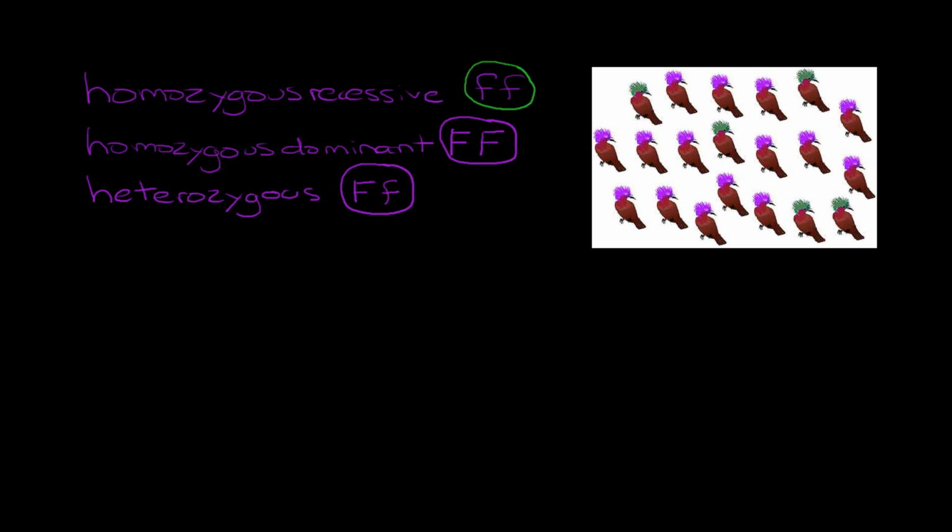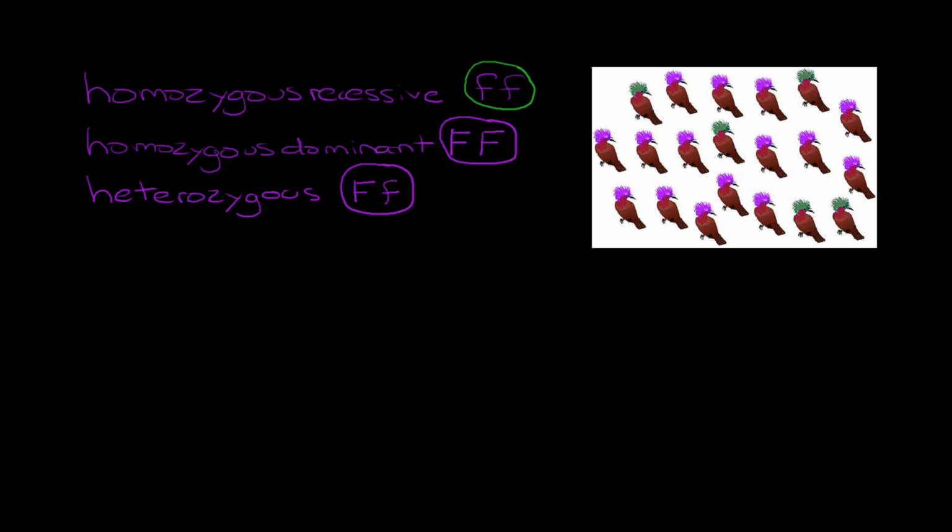Because that dominant allele always wins. It's going to trump the lowercase recessive allele. So this bird, although it carries the gene for green feathers, doesn't actually have green feathers on its head because it also has the dominant gene for purple feathers.